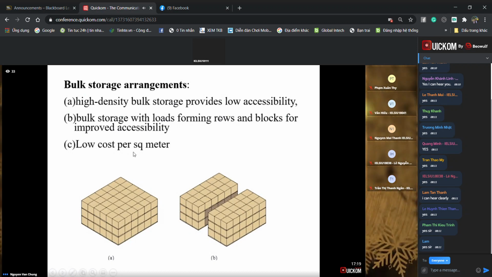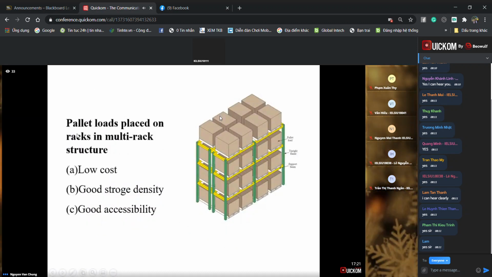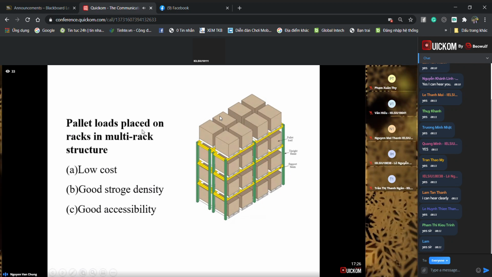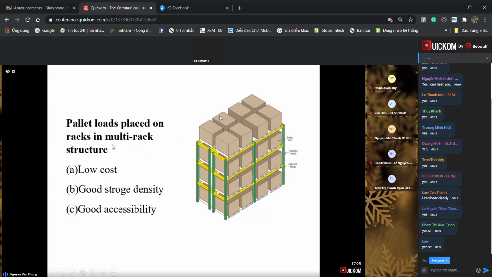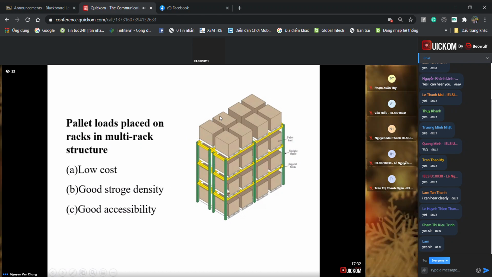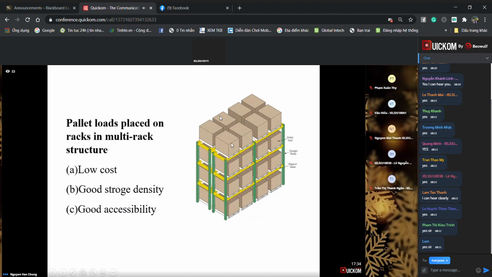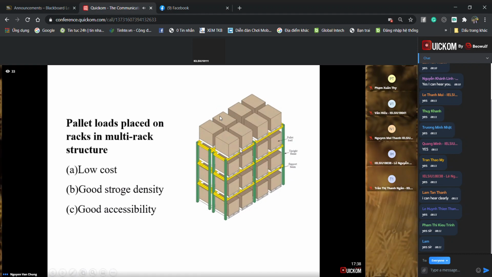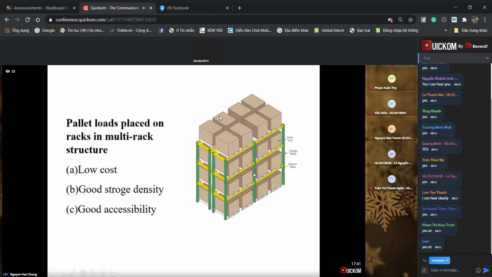Then this is a pallet load, placed on a rack in a multi-rack structure. You see here the rack, and this is the container or the box. Therefore, it is store and retrieve.